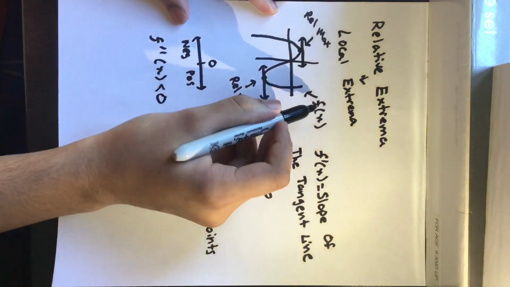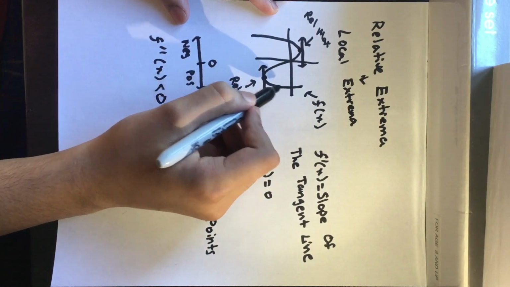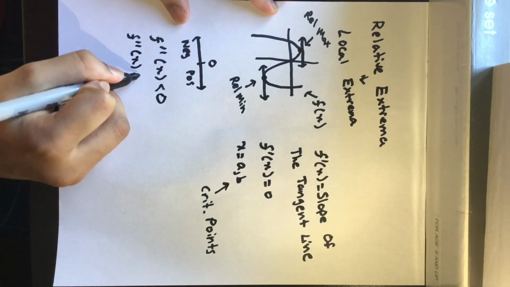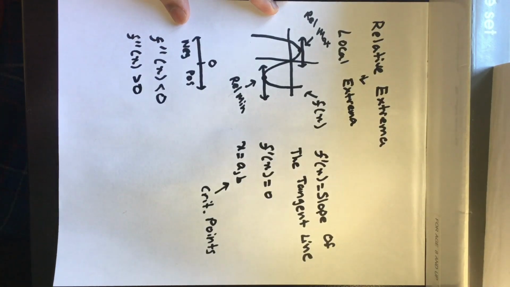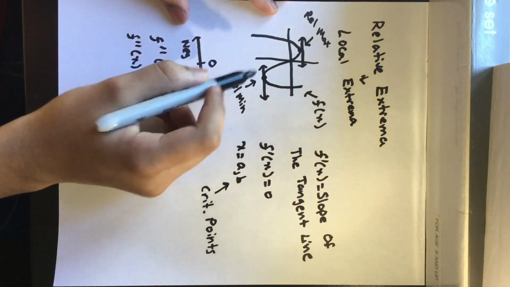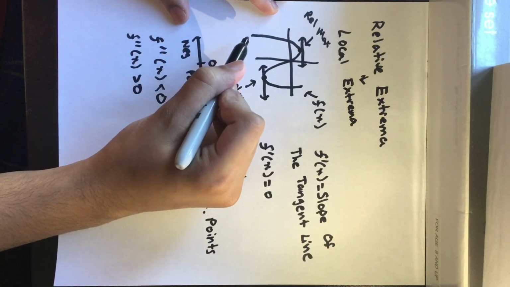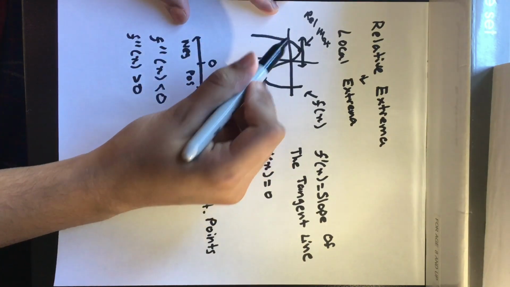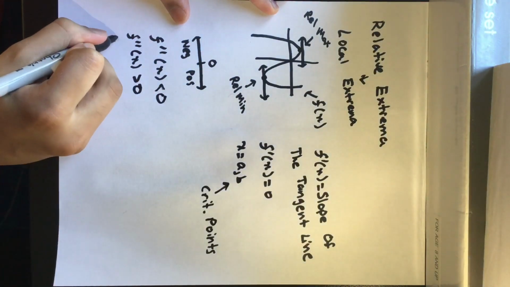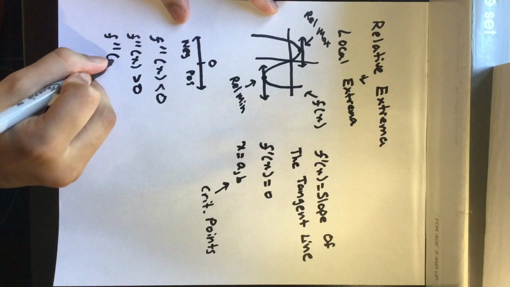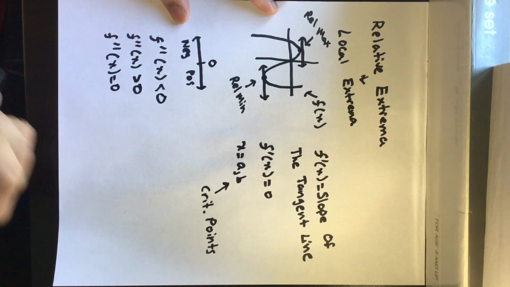And when f(x) is going from decreasing to increasing, f double prime of x will be greater than 0. And there is a possibility that the function just keeps increasing or keeps decreasing. If that is the case, and there's no extrema there, f double prime of x equals 0.